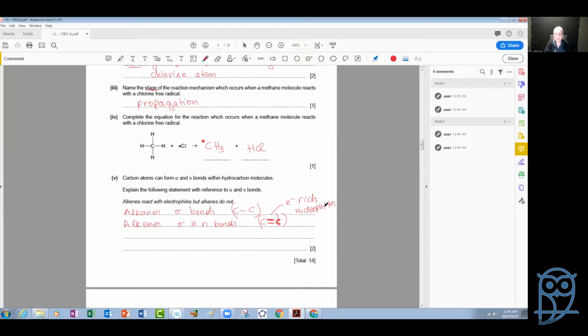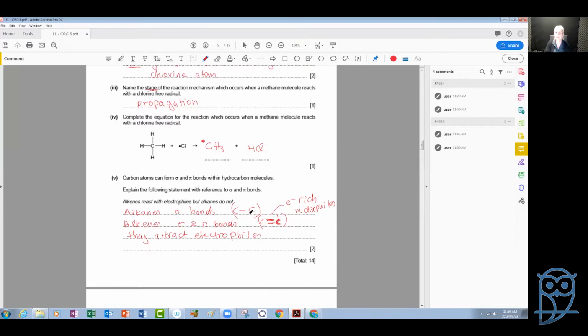Therefore they attract electrophiles. So we can say electrophiles are attracted to these double bonds. This is the difference between the alkanes and alkenes.